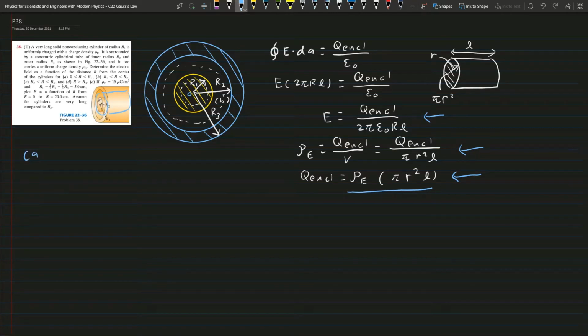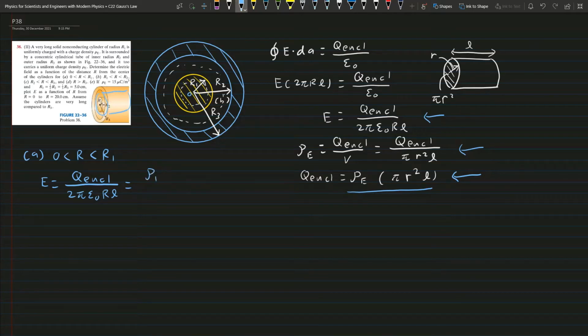We start with A. In case A, R is between R1 and 0. So in this region, for A, we know E will equal Q enclosed over 2 pi epsilon naught RL, and we substitute this inside.